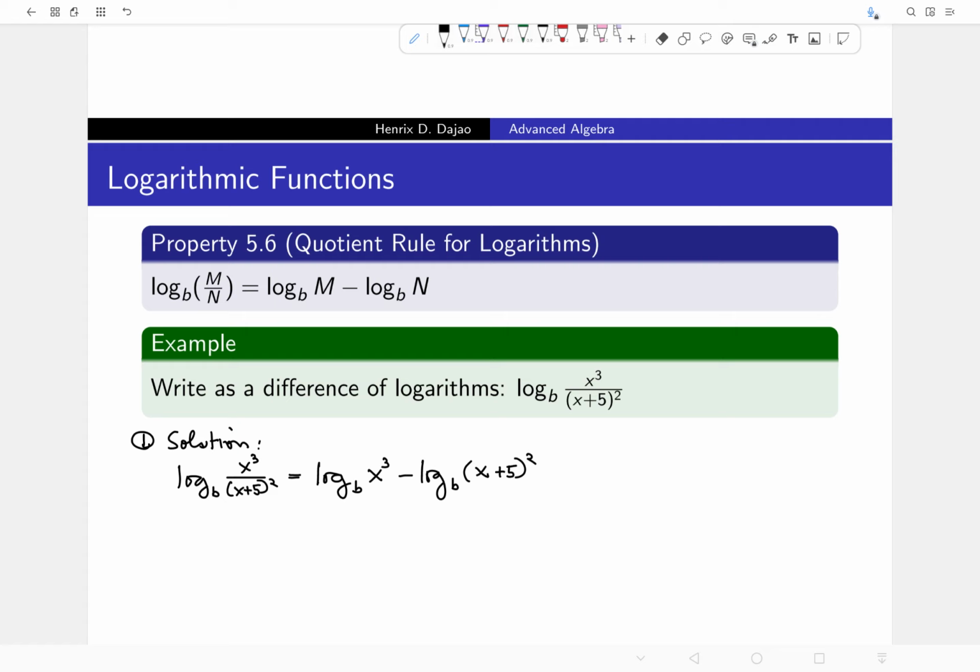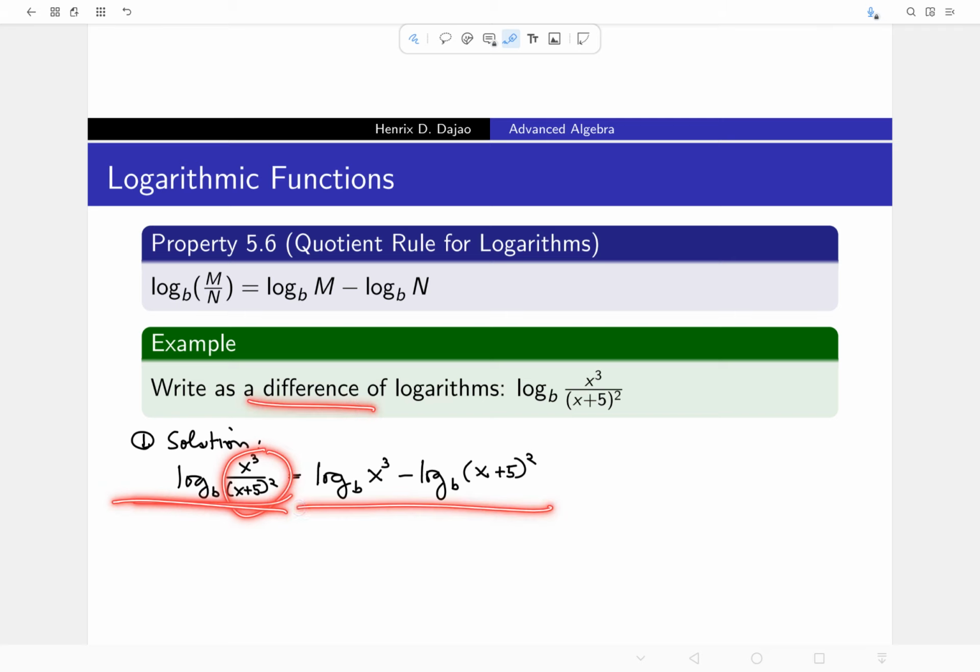So we've already expressed this expression as a difference of logarithms. So we're done with our example.